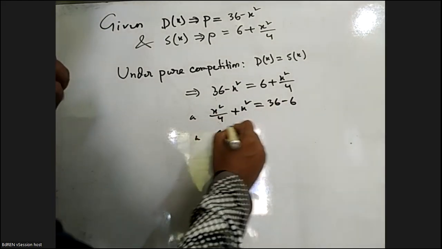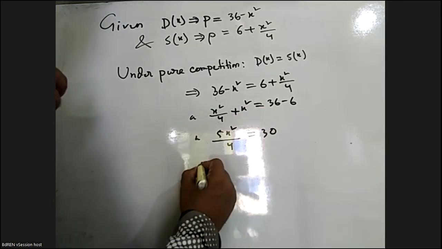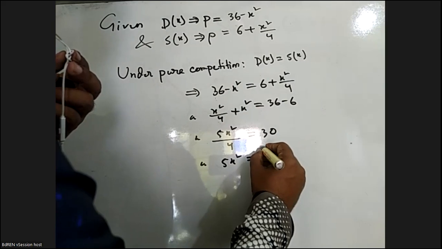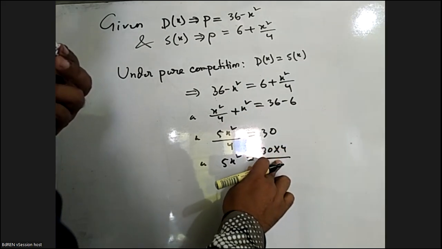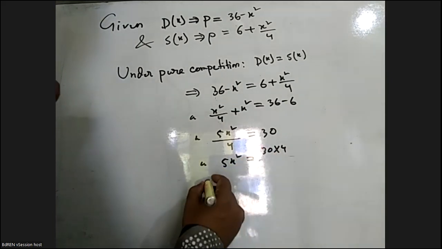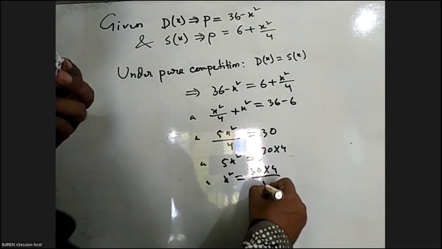After taking LCM, we get 5x square by 4 equals 30, or 5x square equals 30 multiplied by 4, or x square equals 30 multiplied by 4 divided by 5.